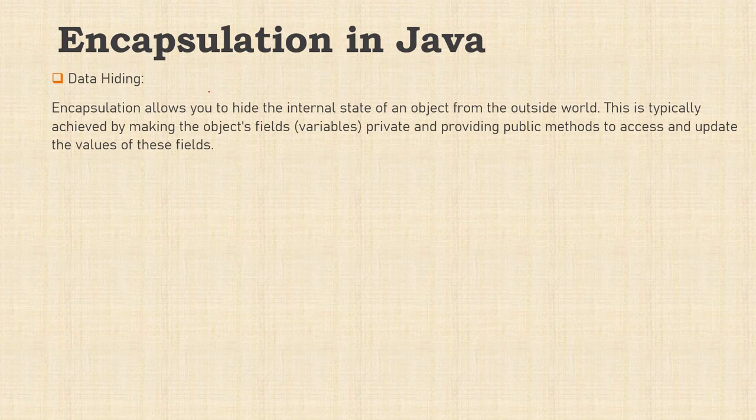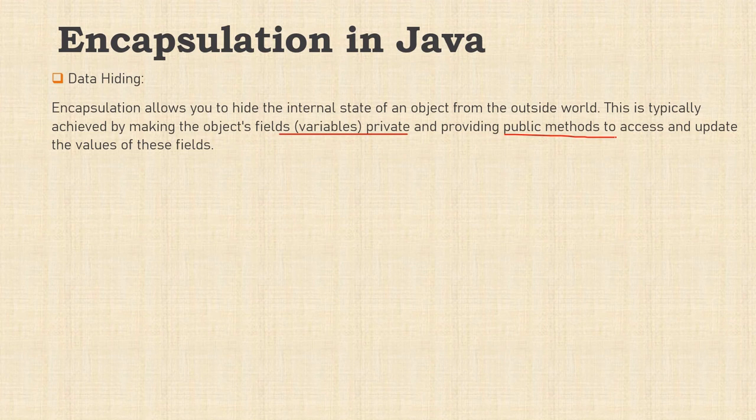So in Java, how can we achieve encapsulation? We can make all the fields, which are variables, private, and provide public methods to access and update the values of these fields. We make all the variables private and all the methods public. Private means you can't access it outside of the class.